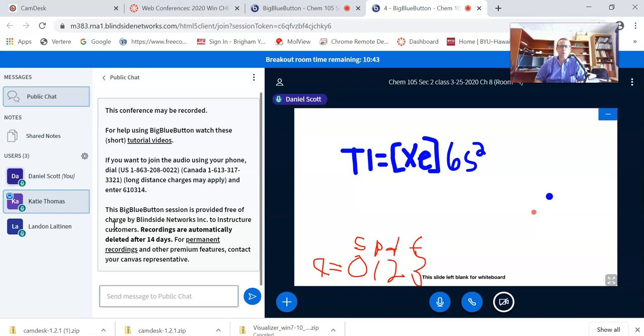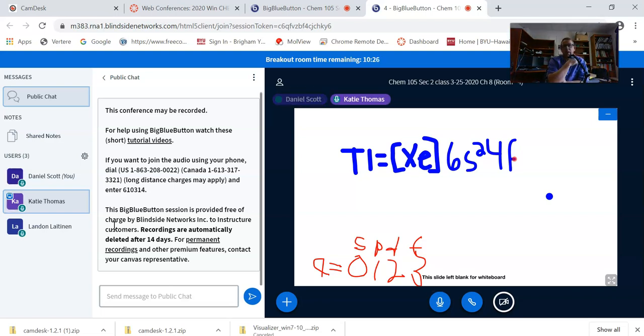Okay, so that's 4f. And then we have to make sure we have enough electrons in there. How many do we put into the f subshell? 4f, how many? 15. Okay, it's actually 14.